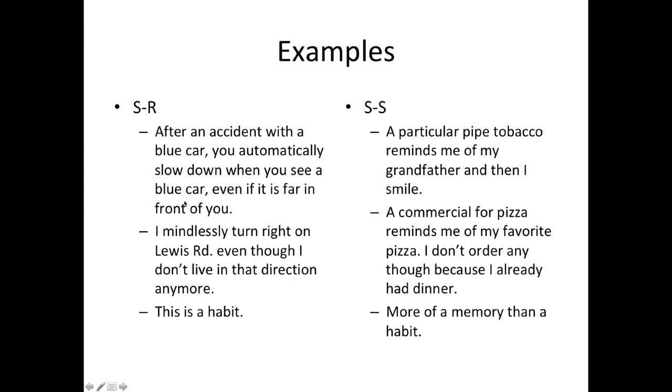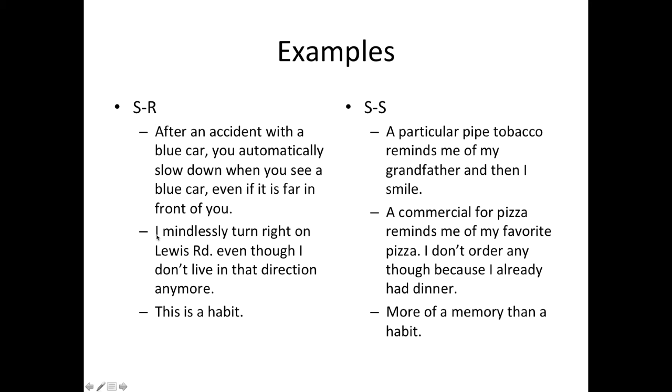So here are some examples of stimulus-response and stimulus-stimulus associations, because you will want to know both of these and be comfortable with both of these. Stimulus-response, as a non-drug example: after an accident with a blue car, you automatically slow down when you see a blue car, even if it is far in front of you. So it's an automatic reaction.